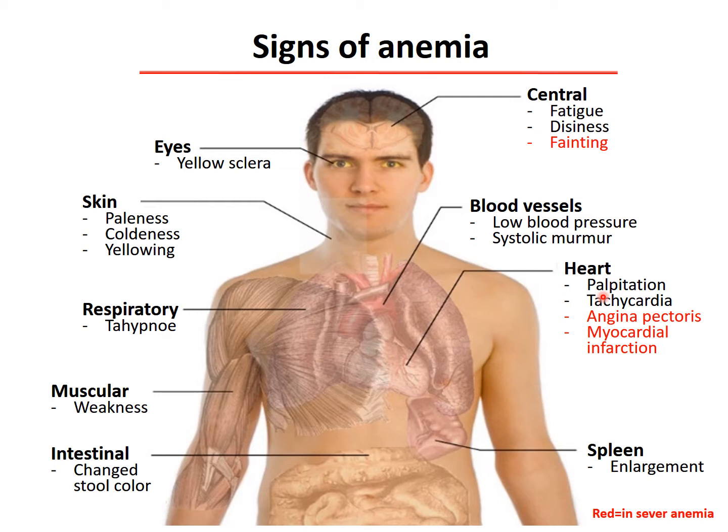If you have a relatively completely healthy person, the clinical signs of anemia are almost none, maybe dizziness. But when you are old and you have some narrowing of the coronary, you can have myocardial infarction.